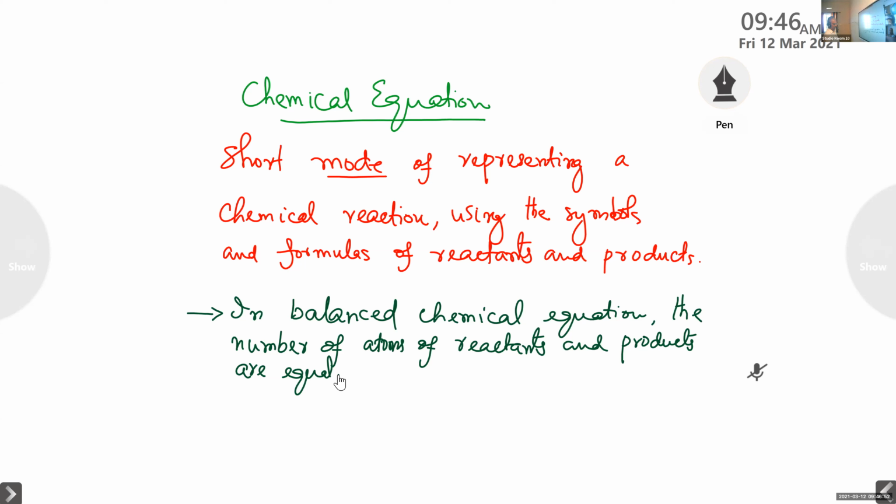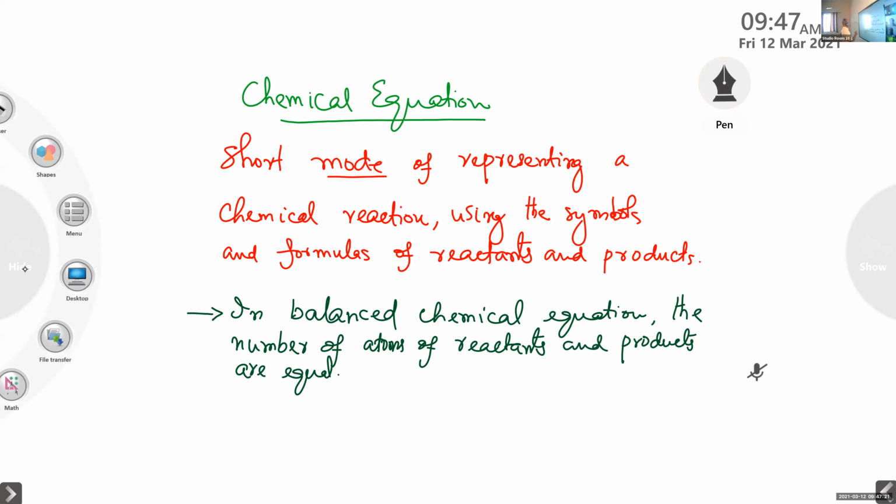So we have to write a balanced chemical equation. What is the principle behind writing the balanced chemical equation? Why should we balance it? That is in agreement with the law of conservation of mass.